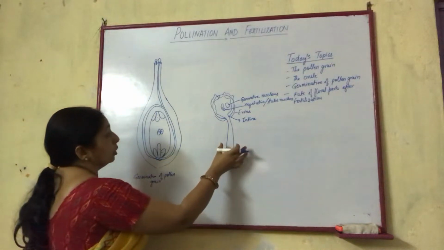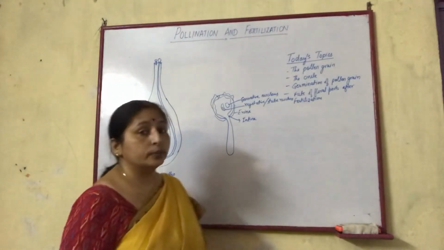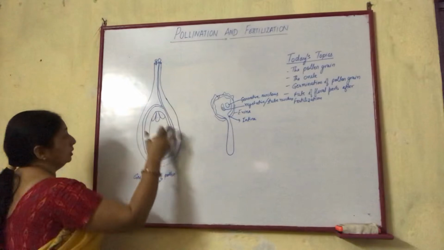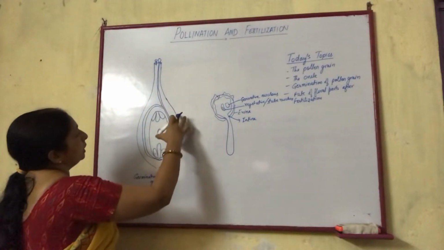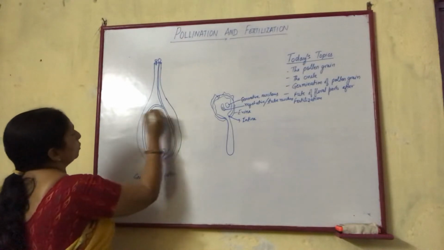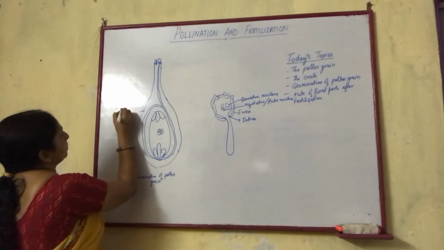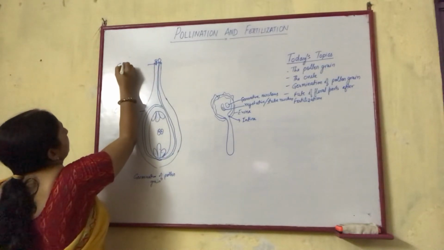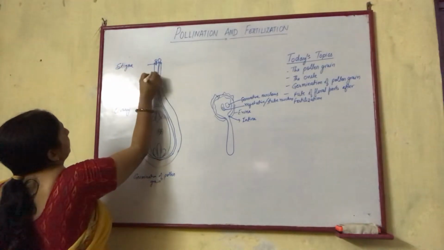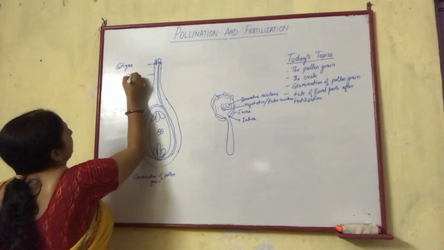Next is the ovule. This is the structure of the ovule. Inside the ovary, this is the ovary, this one is the stigma, and the style.